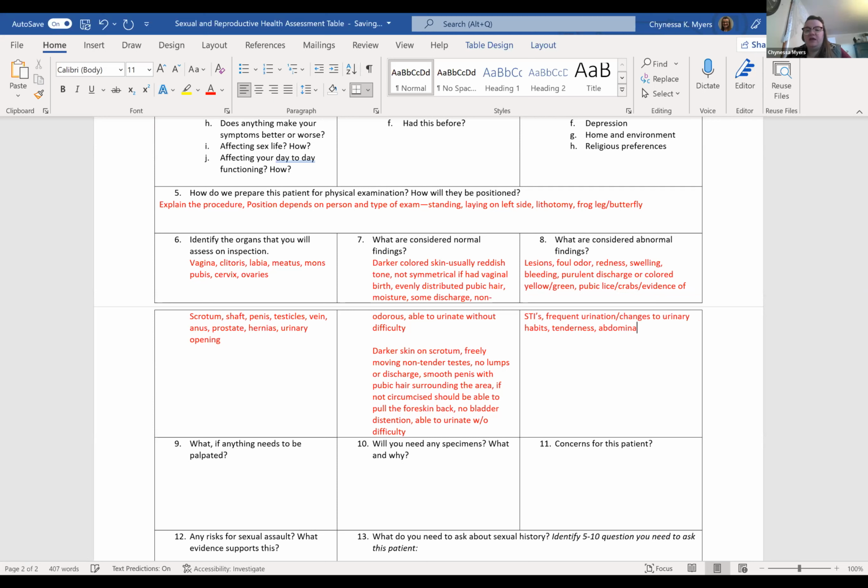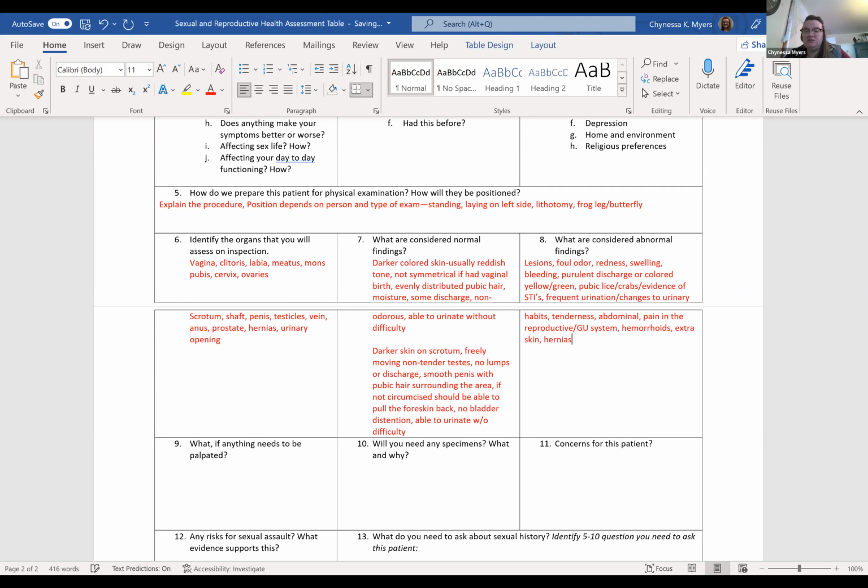Abdominal pain. And honestly, I'd say pain in general, any kind of pain anywhere. Pain in the reproductive GU system. Hemorrhoids would be abnormal. Extra skin.